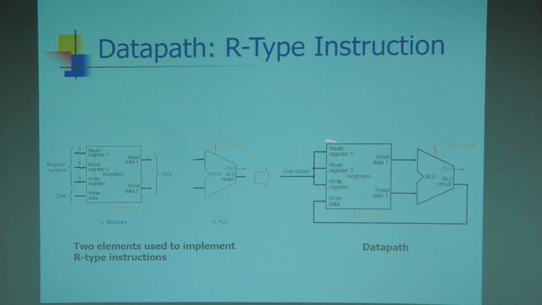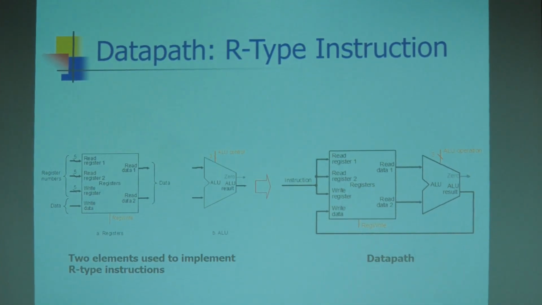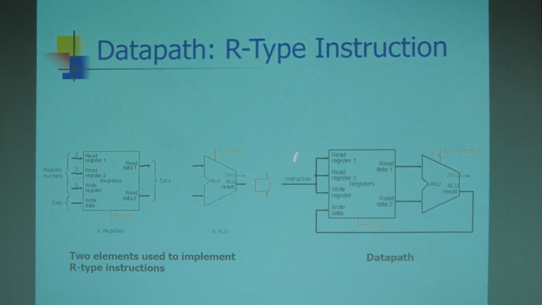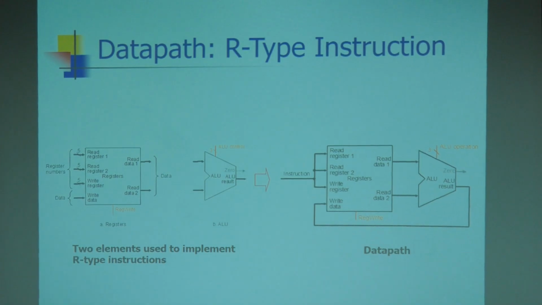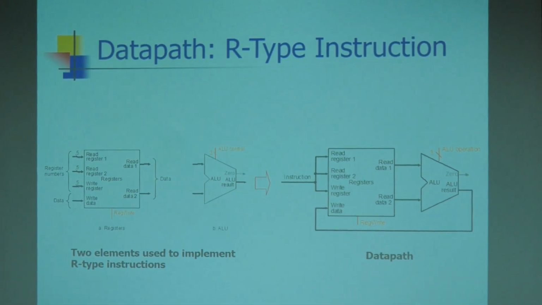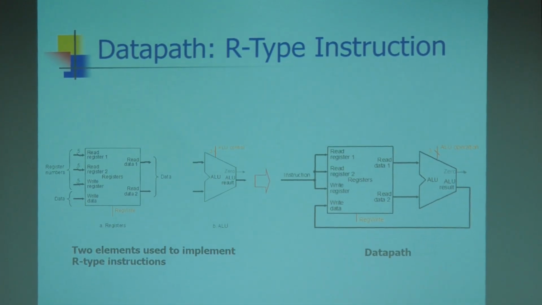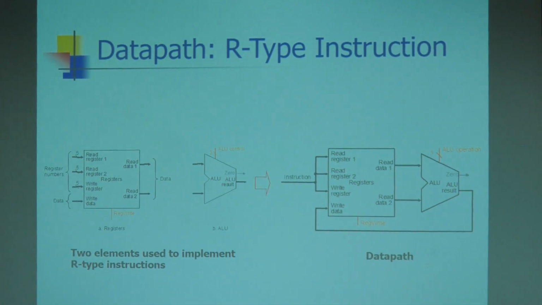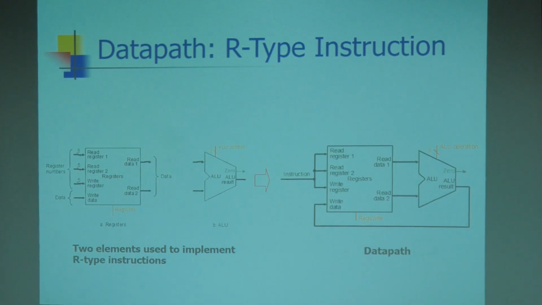So if you see here, a 32-bit instruction is required. This instruction will indicate the addresses of the 3 registers. These 3 register addresses are indicated in the instruction template itself, because we need to select 2 registers for reading and 1 register for writing.